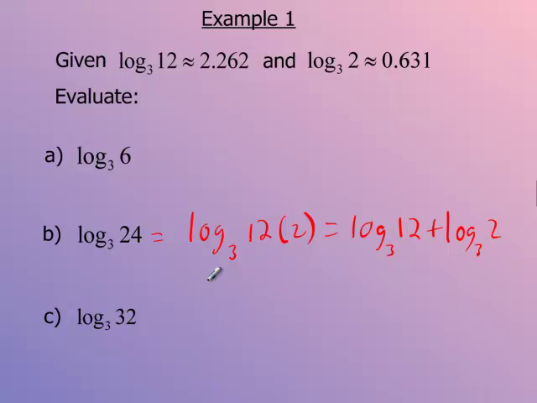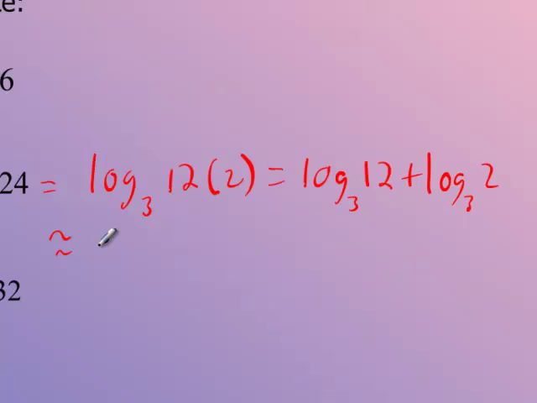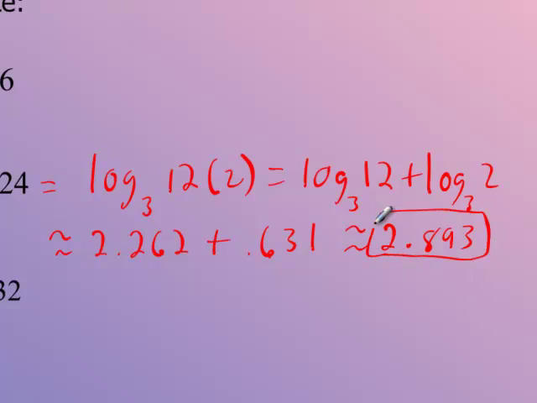Now I can use my approximation values: approximately 2.262 plus 0.631. When I enter that into my calculator, I get approximately 2.893. So that would be that answer.